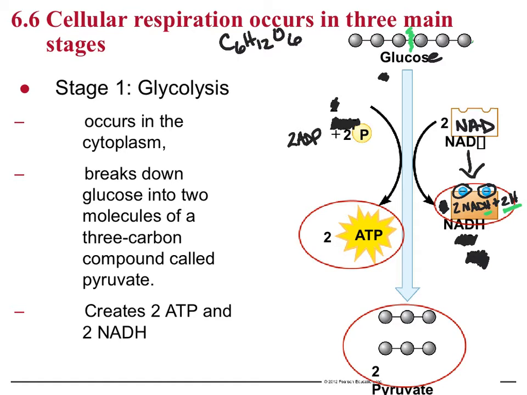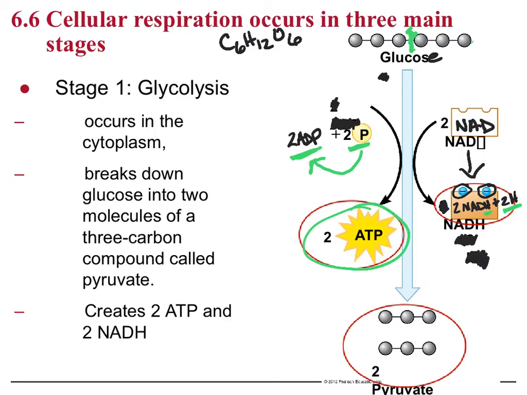And there's a little bit of energy that's created during this process, and that energy is used to phosphorylate ADP. So in the cytoplasm, there are going to be 2 molecules of ADP present and 2 free phosphates. The energy that's released from splitting this glucose molecule allows for those two free phosphates to be added to ADP to make two molecules of ATP.